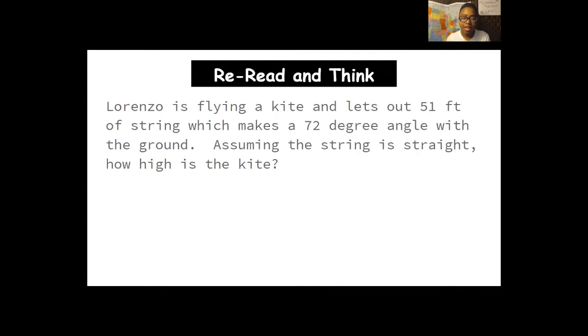Reread and then think. Lorenzo is flying a kite and lets out 51 feet of string, which makes a 72-degree angle with the ground. Assuming the string is straight, how high is the kite? Let's think about this. So Lorenzo is flying a kite, right? What's a kite?